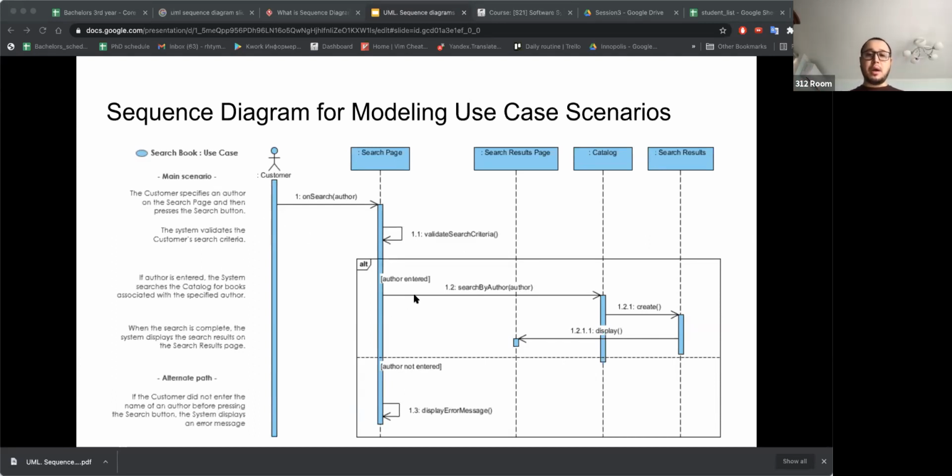You have objects and actors interacting in this use case, and you have operations showing how objects interact with each other. This is the overall picture of how you can describe use case scenarios.